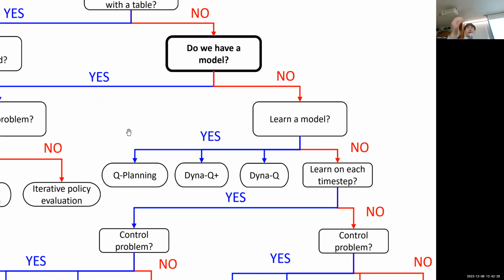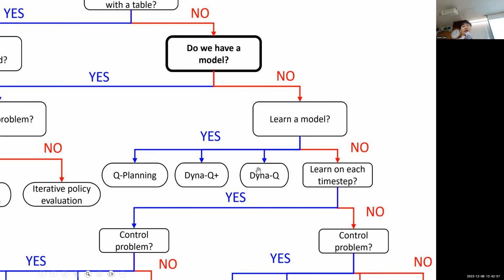So we can learn the model based on the feedback rewards received from the environment. Then we put that into the model, we learn the model and update. So we can plan multiple steps in the model and feed back to the action value or state value function to improve performance. Then we also have Dyna-Q and Dyna-Q Plus.